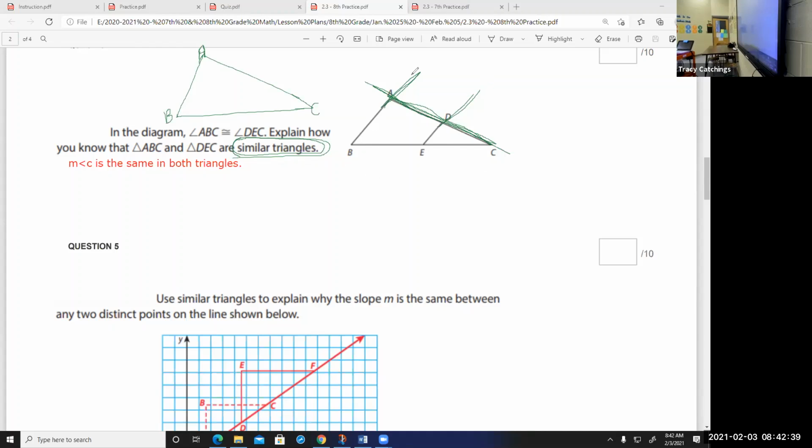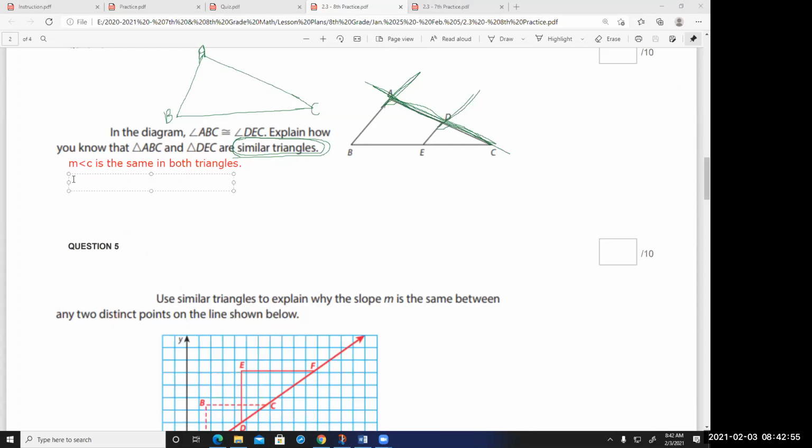If I was to continue these and make some more lines, what can you recognize about A and D? What kind of angles are they now? Start with a C. Congruent.